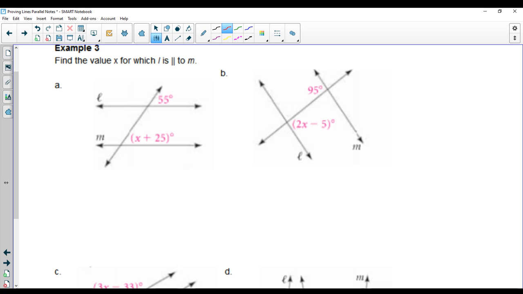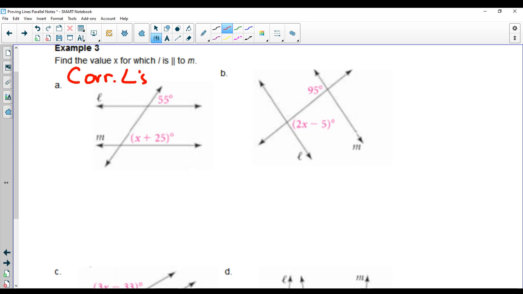Okay, so let's look at the angles we were given. We have a 55 and this X plus 25. What's the relationship there? They look to me like they're corresponding angles. So I like to write out what their relationship is. How do you know that? Well, this 55 is in the top right corner of this upper neighborhood, and so is this x plus 25.